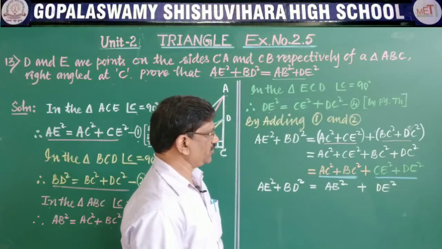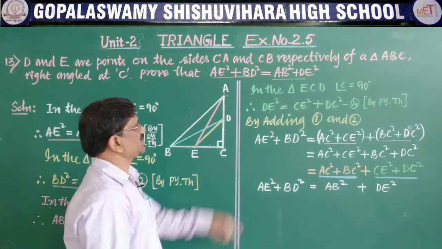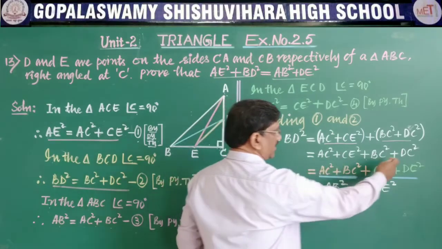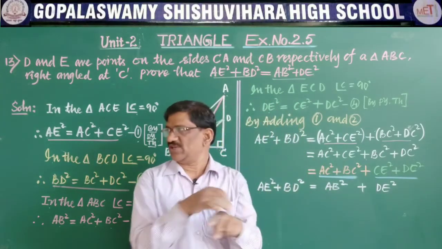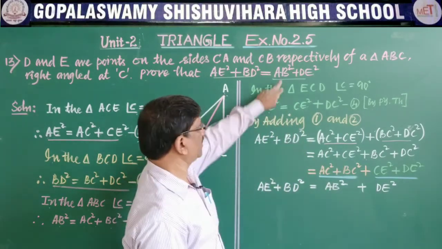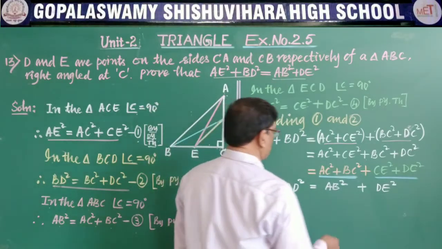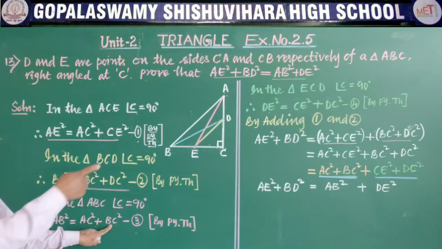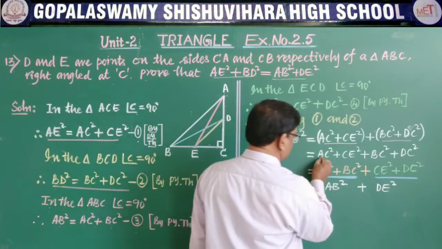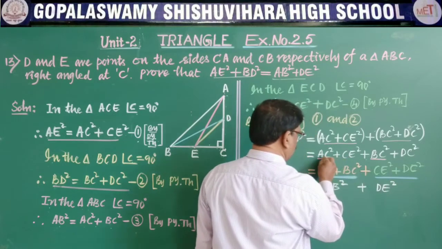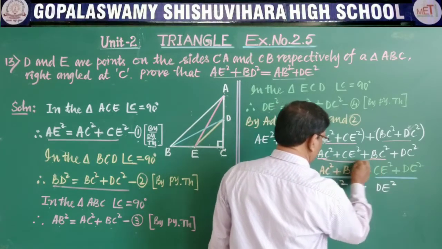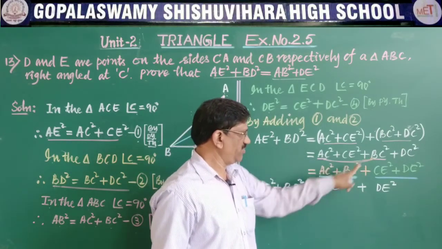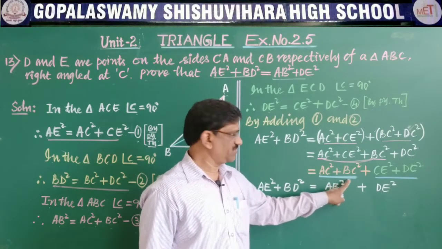Here I am going to rearrange the terms so as to get AB square and DE square. All the terms are there, you only have to rearrange them to get the required answer. So AB square is equal to what, children? AC square plus BC square. You club these two together with a plus sign.